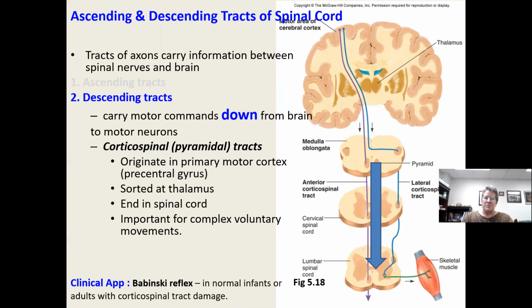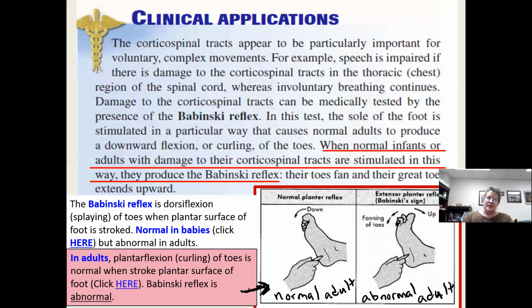So the Babinski reflex basically allows a nurse to determine in a normal infant, are their sensory ascending tracts working? Is that stimulus getting to the brain? And so what happens with the Babinski test is you're testing a corticospinal tract. So you'll stroke the bottom of an infant's foot. And the normal response for an infant will be to flare their toes up like that. That's normal for a baby, okay?